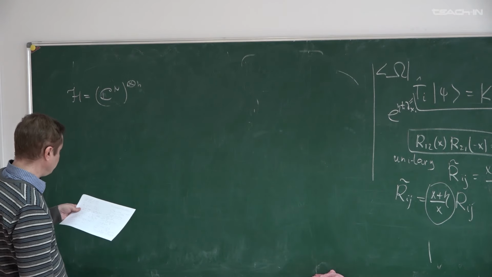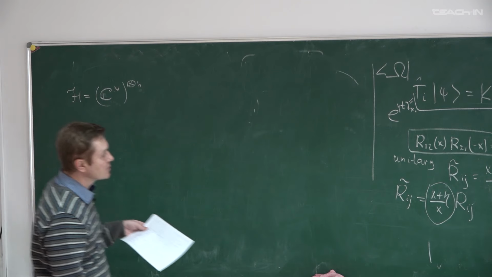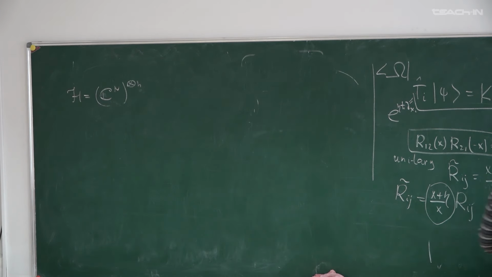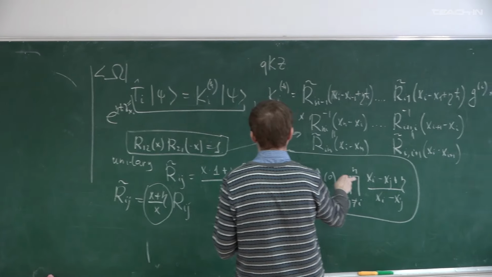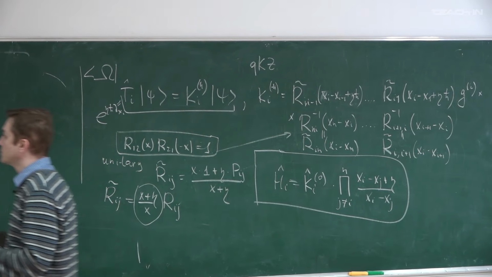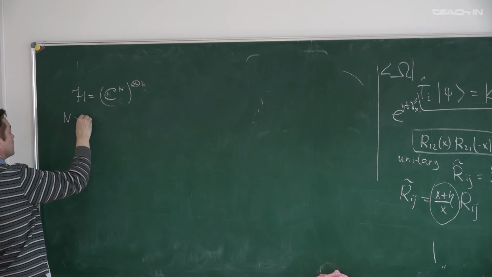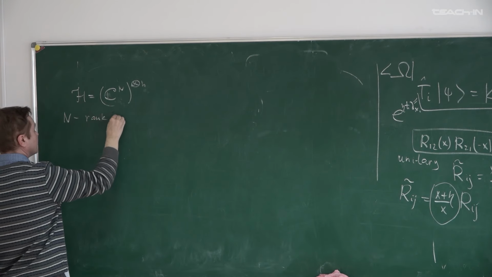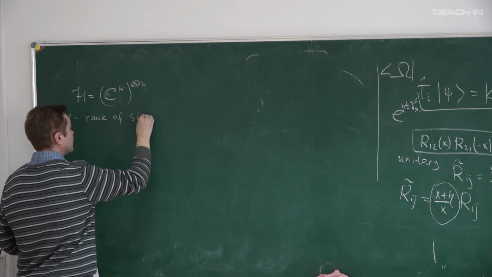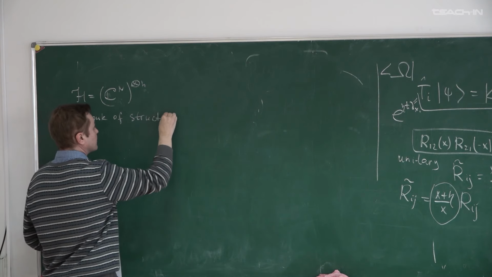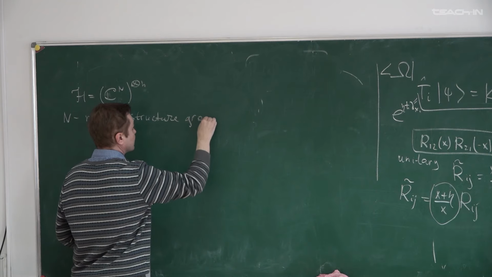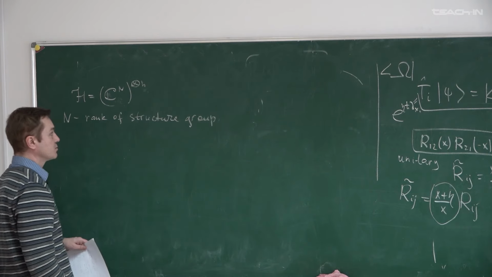Here n small is the number of particles, and n large means the rank of the structure group corresponding to the spin chain.